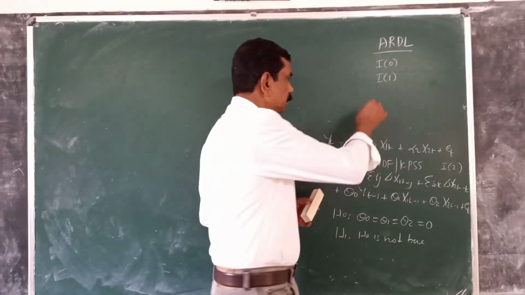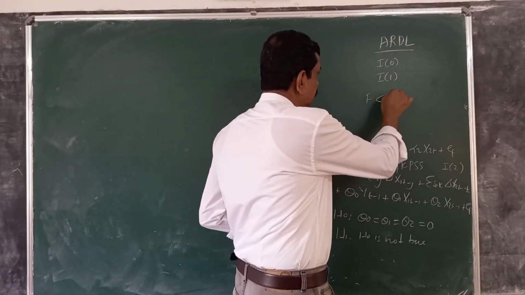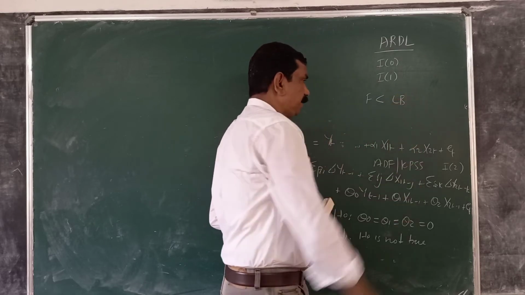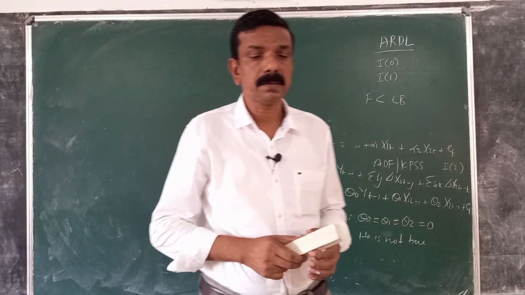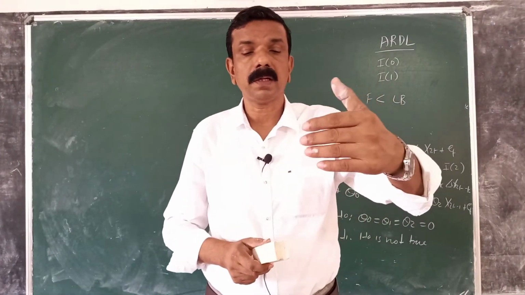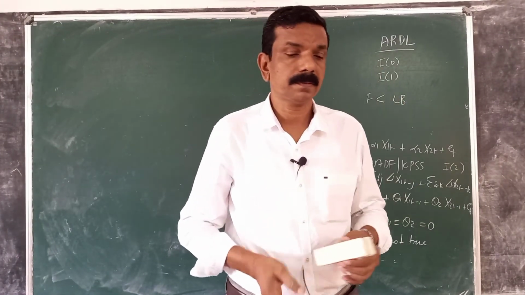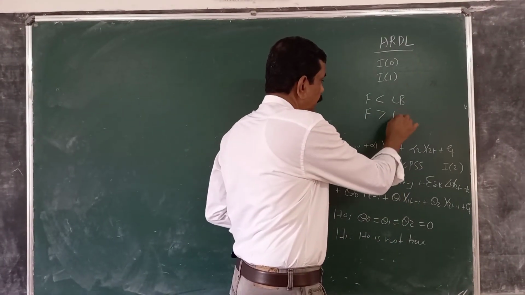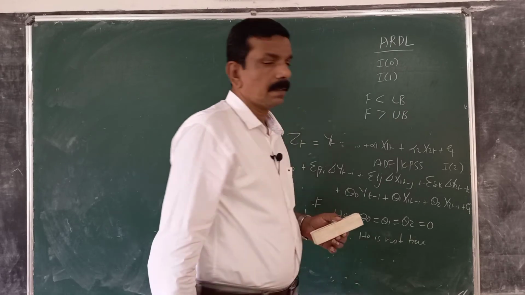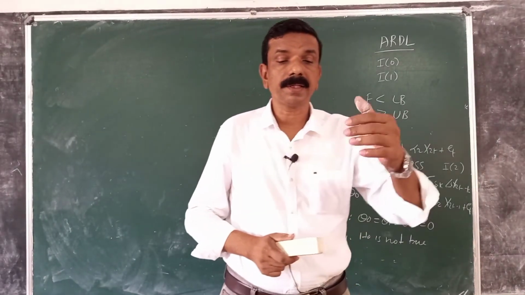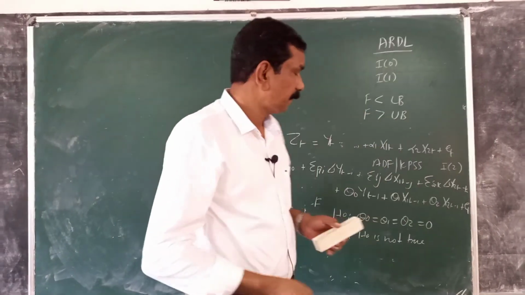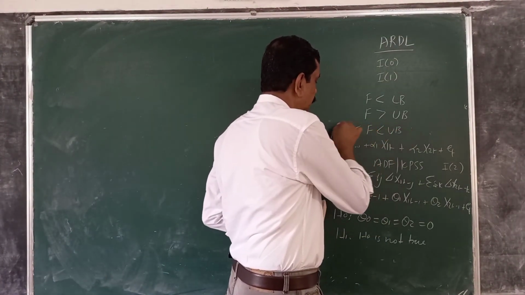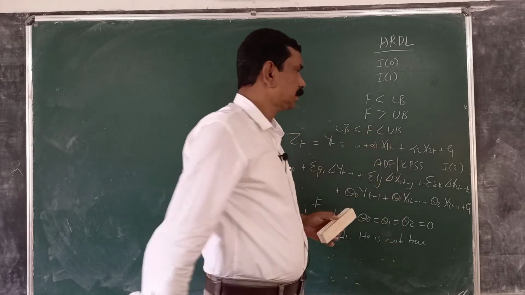If F is less than the lower bound, variables are I0 and no co-integration is possible. If F is greater than the upper bound, we have co-integration. And if F is between upper bound and lower bound, the test is inconclusive.